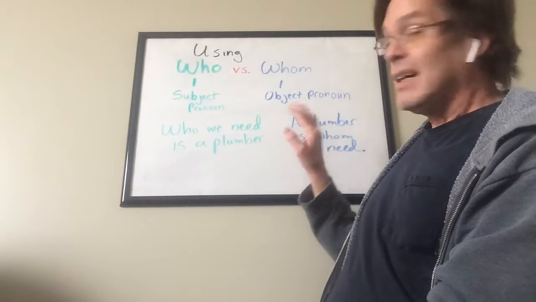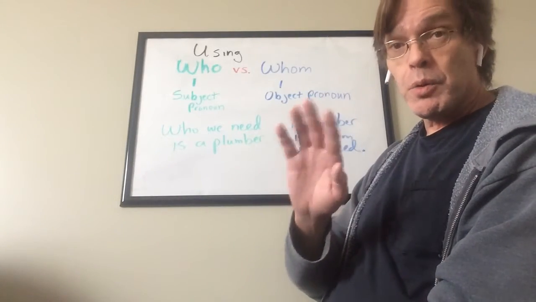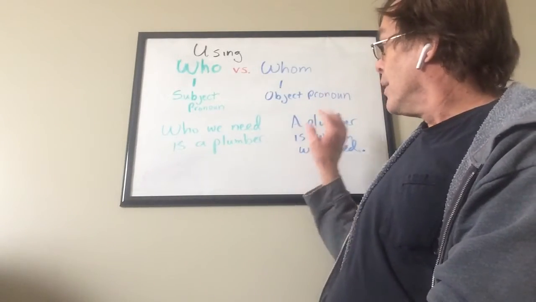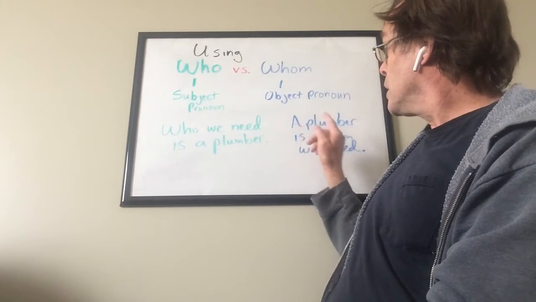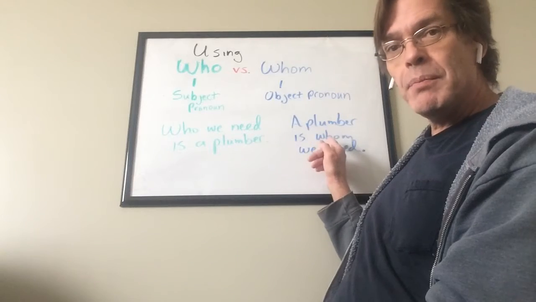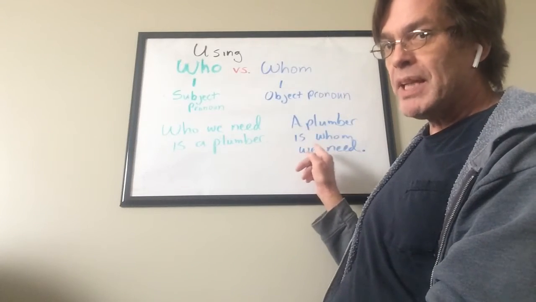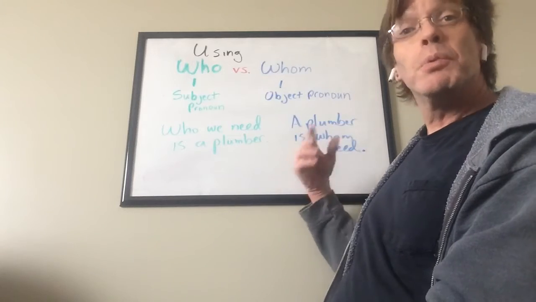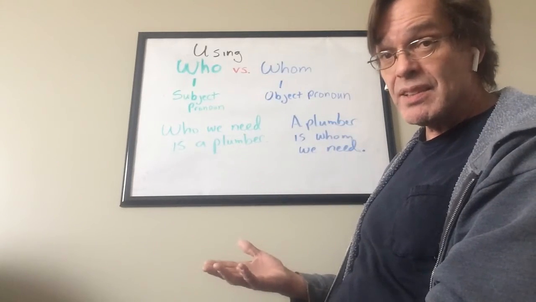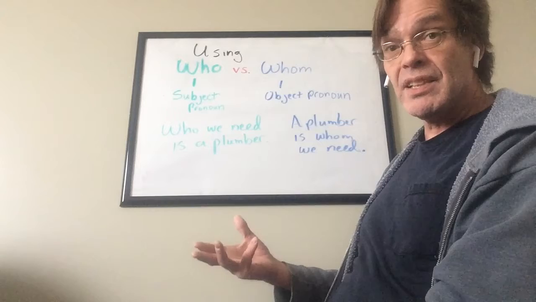Now, going back to that trick that I mentioned, this is a case where it does not work. Because if you change whom to him, this sentence will not make sense. A plumber is him we need. So you would have to change the wording of the sentence for it to make sense.